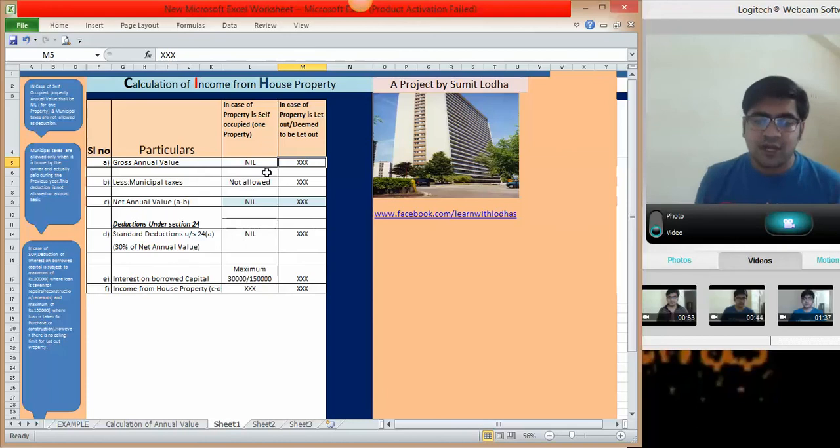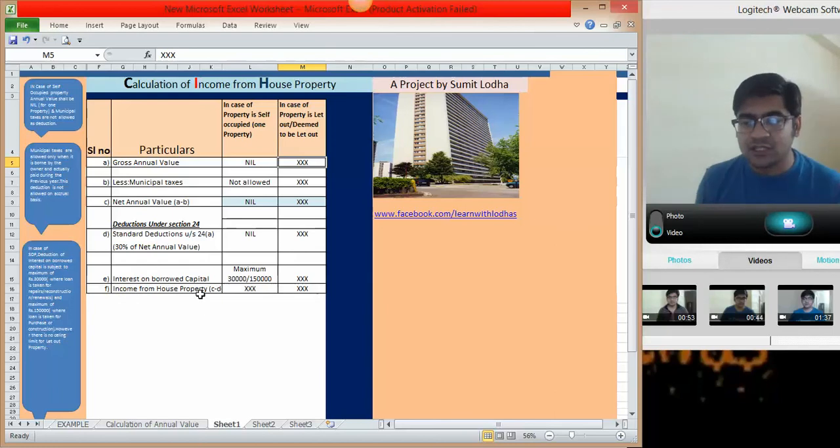As we are aware, one needs to calculate the gross annual value. In case of self-occupied property it is always nil, and standard deduction is not available, since 30% of nil is nil. You will get the benefit of interest paid on borrowed capital.